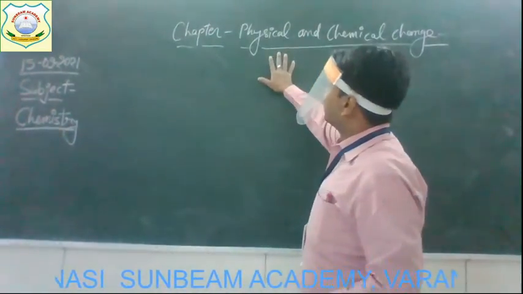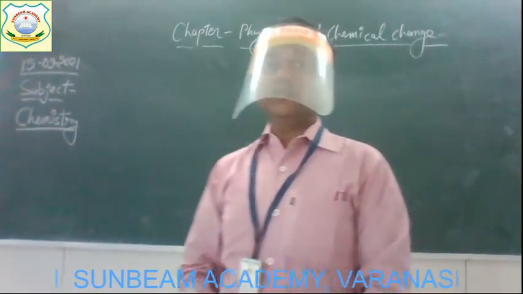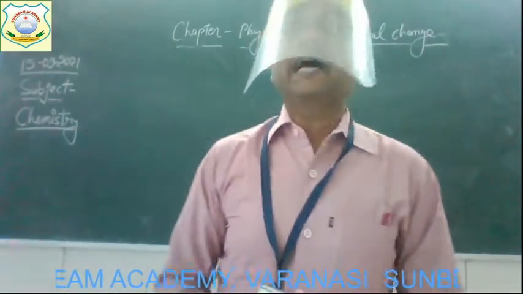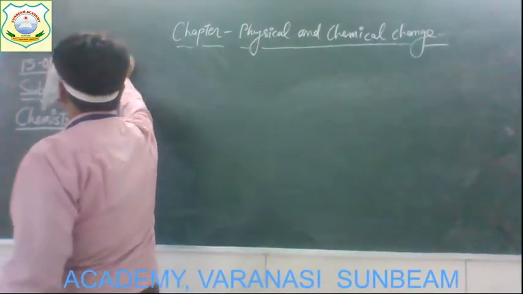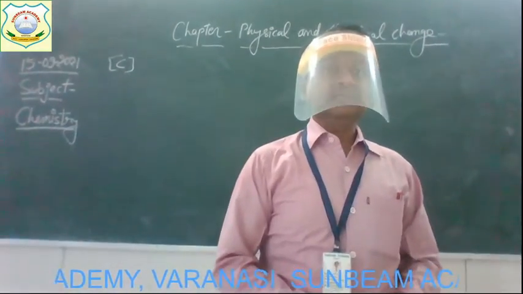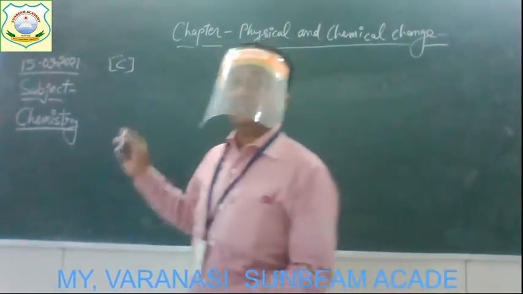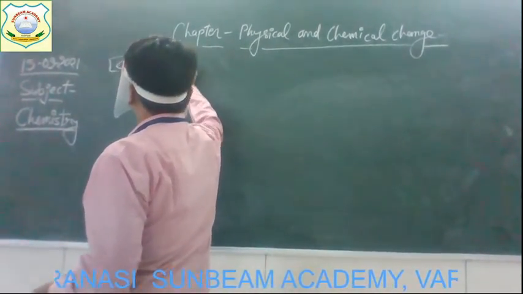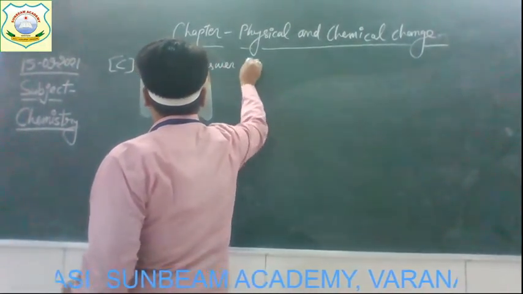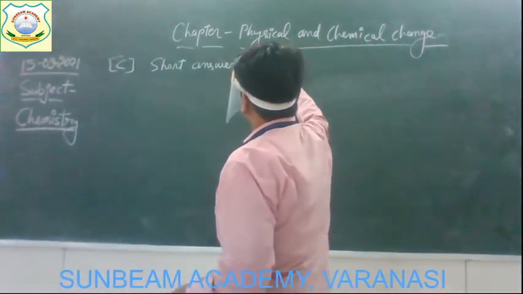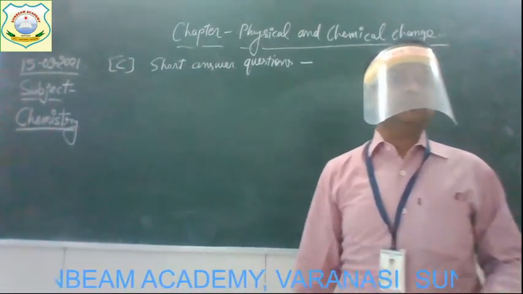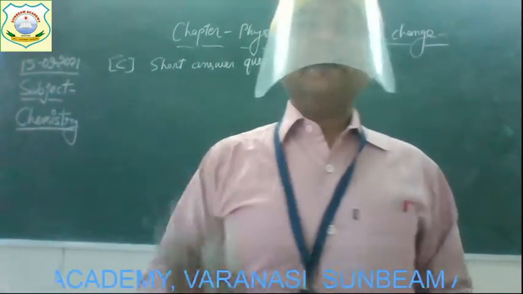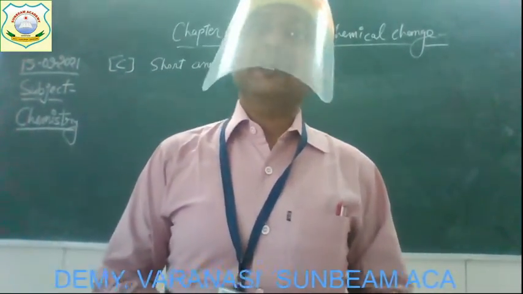We are discussing the chapter Physical and Chemical Change in Chemistry. In the previous class, we started exercise C. This book's exercise C is a short answer question type exercise, and out of this exercise we have discussed the answers of four questions.